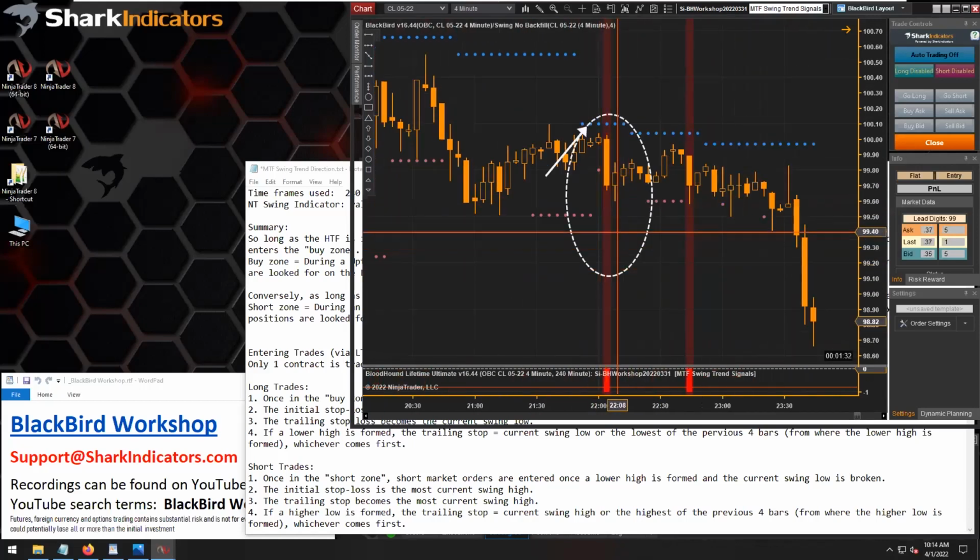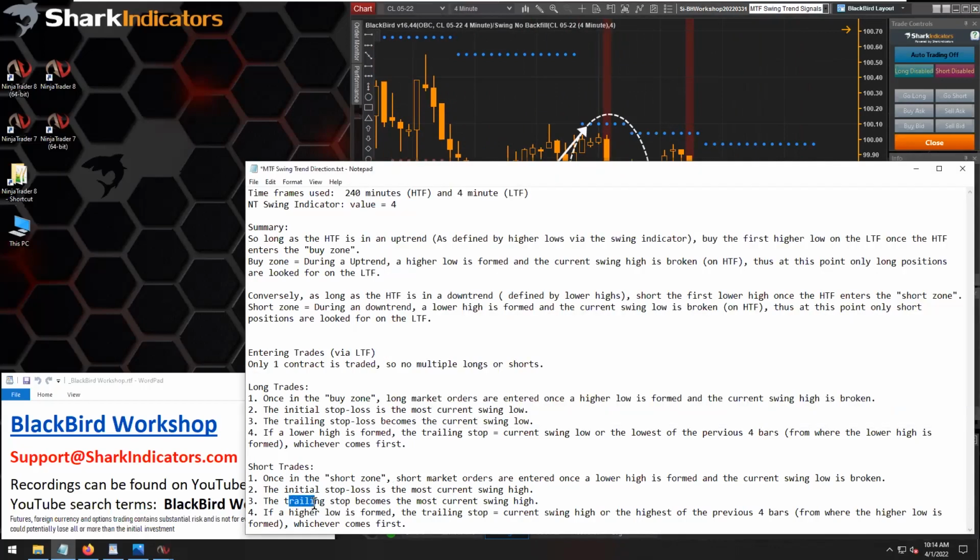There we go. And then this has a pretty basic trailing stop loss, right? So basically you just follow the swing highs down. As the swing highs go lower and lower, just follow them down. Pretty straightforward there. So there is kind of a combo condition here.